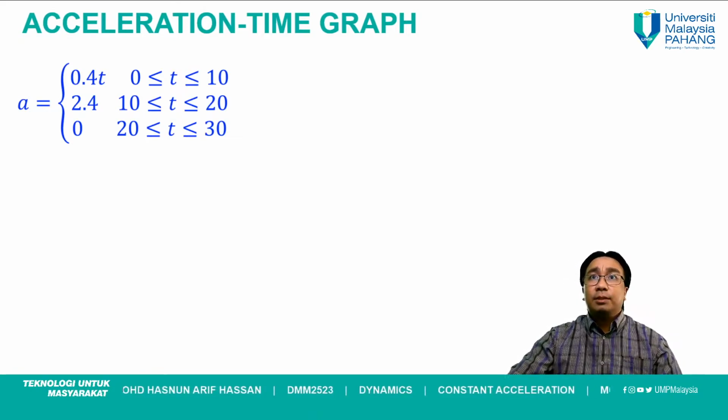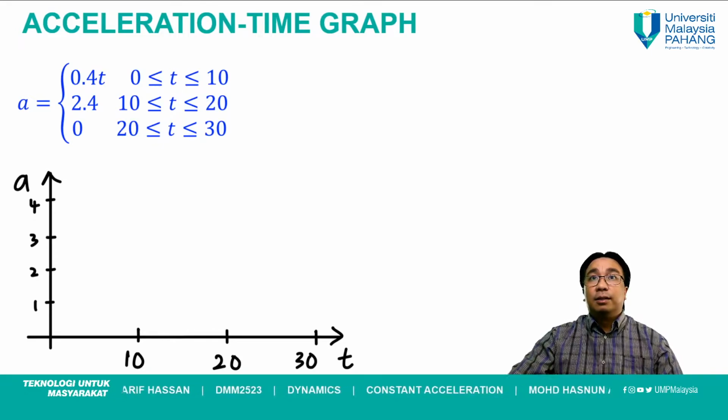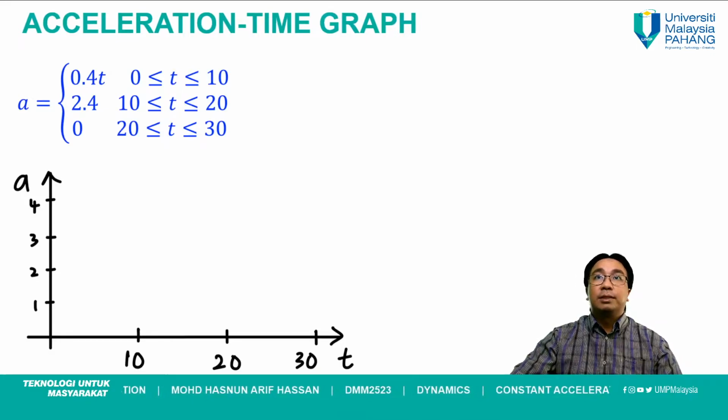Okay, so let's draw the graph lah. So acceleration is in y-axis. Y-axis dia ada acceleration. X-axis ialah time, t.